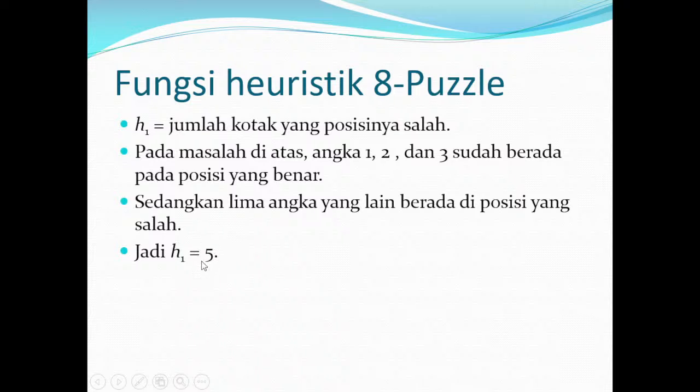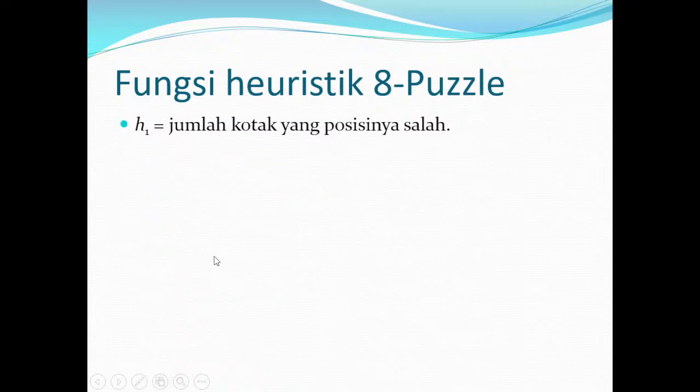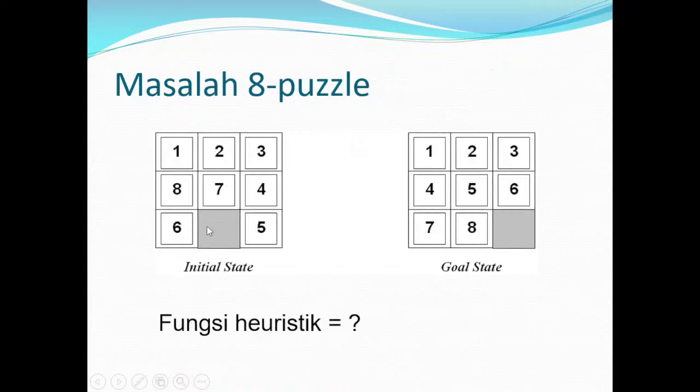What does this 5 mean? It's just an estimation that to solve this puzzle, we will need approximately 5 steps. I don't know exactly which steps, but probably we can go there, 7 move left, and then 4 move left, 5 move up, and still it doesn't work.